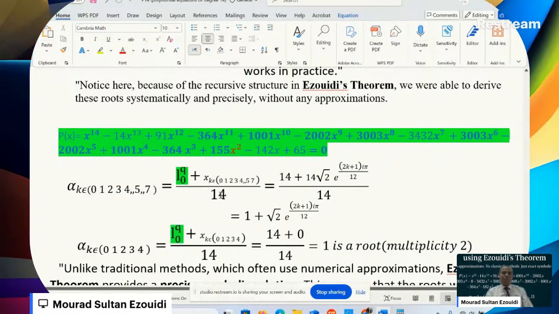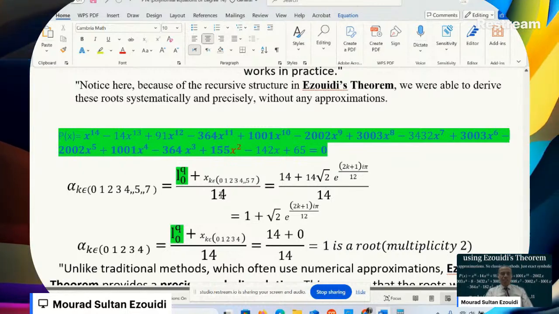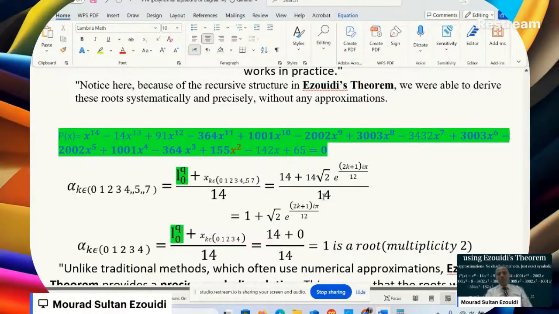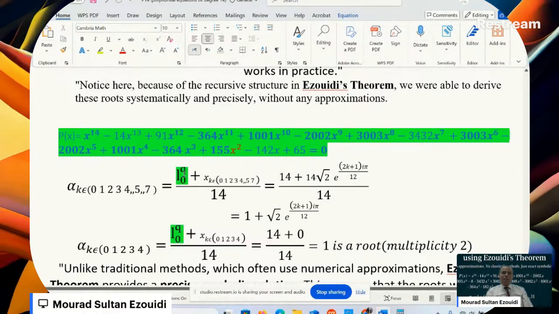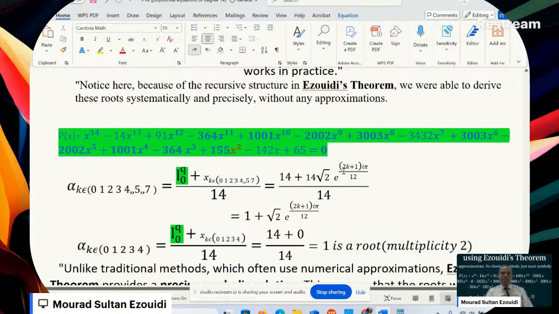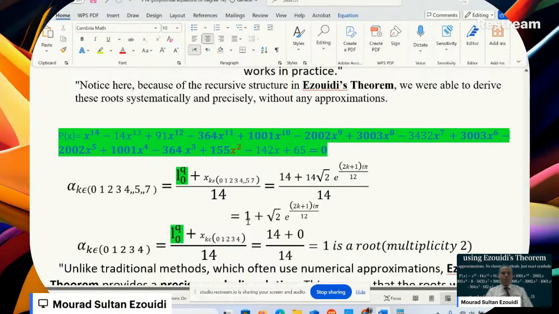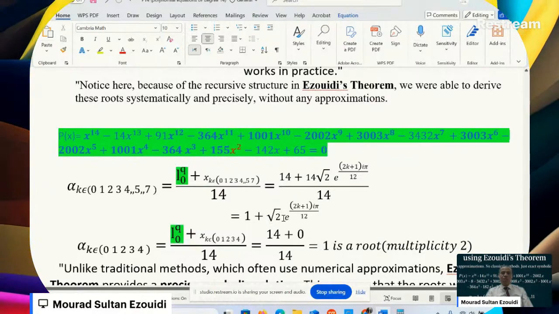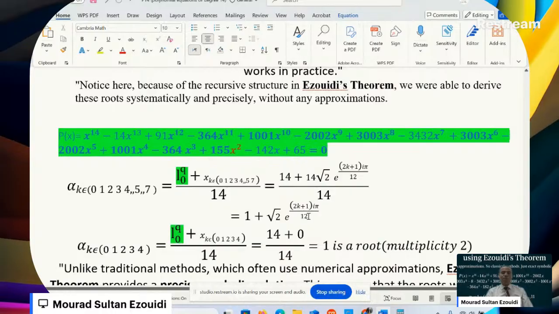If n is 15, make it 15. If n is 20, make it 20. If n is 200, make it 200. L0 is 14, I wrote it here, plus xk. 14 divided by 14 is 1, and it remains only the root of 2 exponential (2k plus 1) i pi divided by 2.